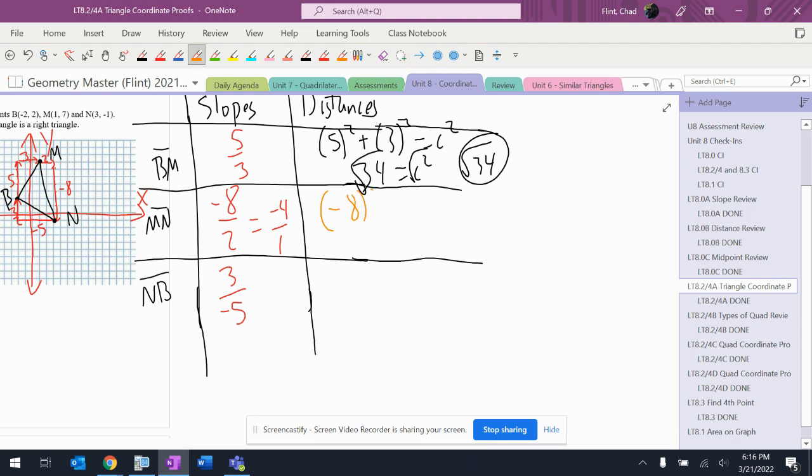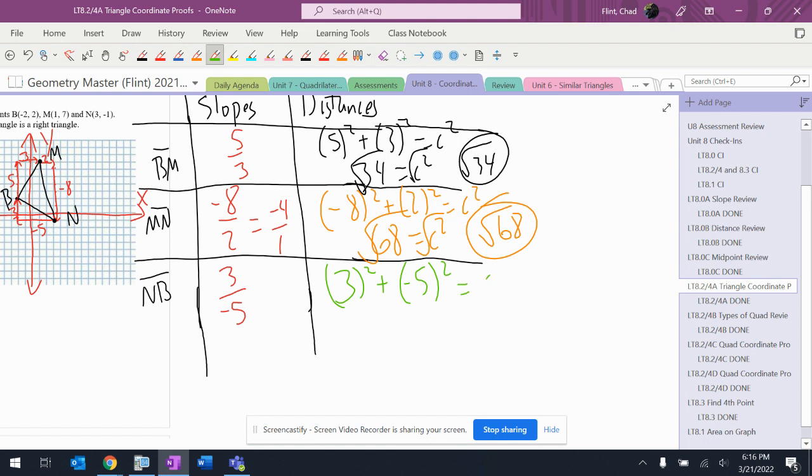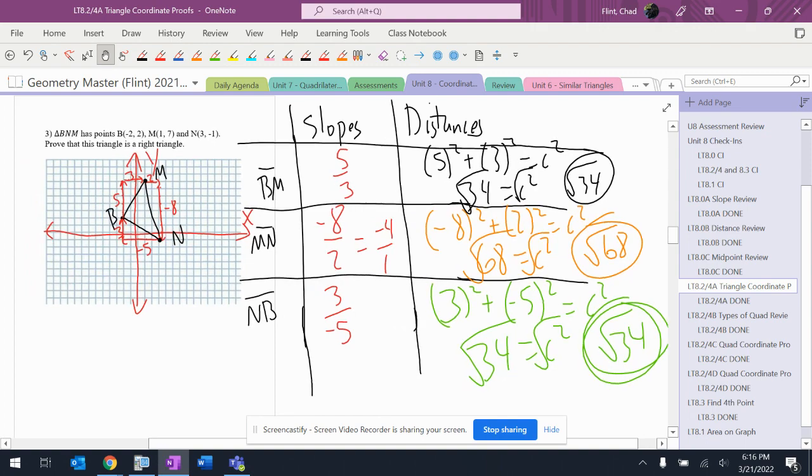I've got -8 squared plus 2 squared equals c squared. It's 68. And then I've got 3 squared, -5 squared. And that's going to be 34. Okay, so there are my sides.